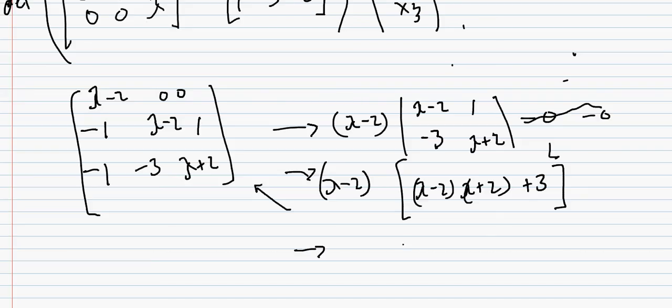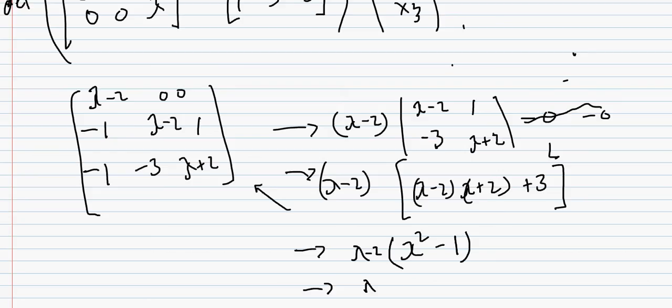Factoring this out, lambda squared plus 2 lambda minus 2 lambda cancels out, minus 4, and then we have plus 3, so this actually just turns into lambda squared minus 1. And this is also all times lambda minus 2.